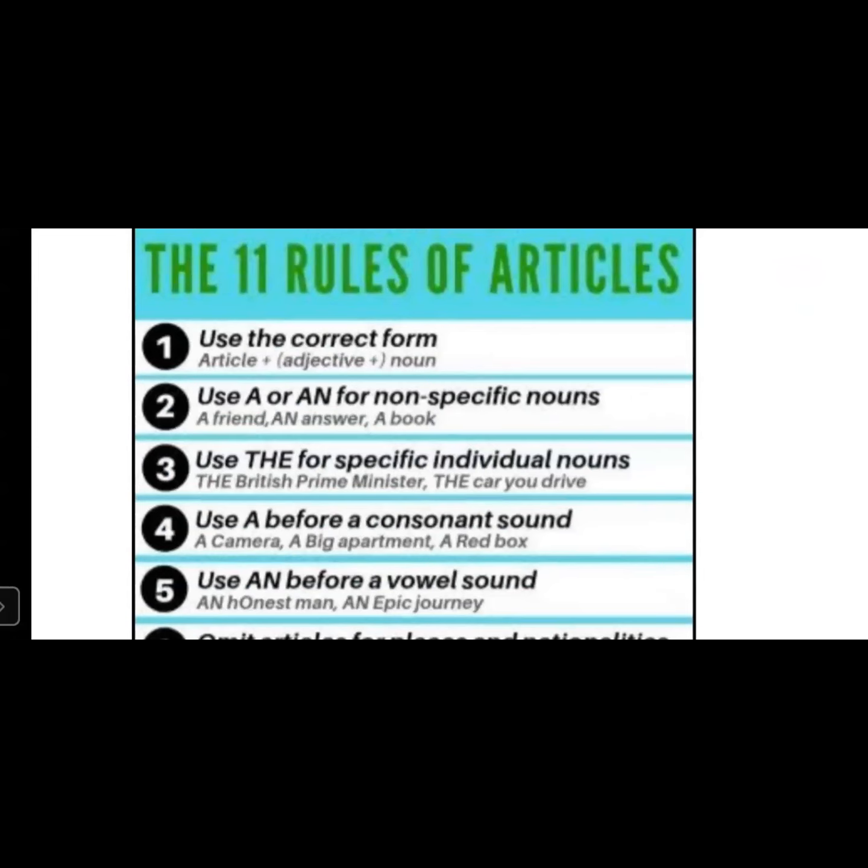Use a before a consonant sound, meaning a word starting with B, C, D, F, G, H, J, K, L and so on. Whereas an you have to use before a vowel sound.